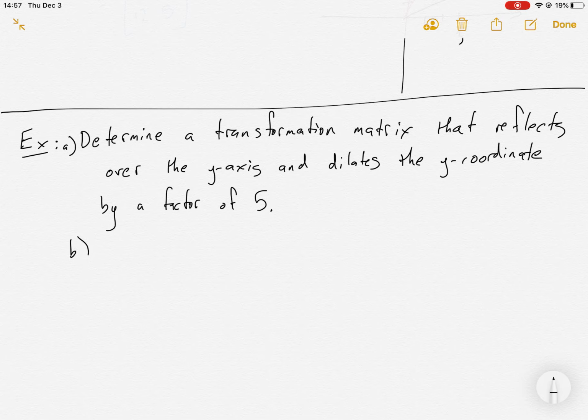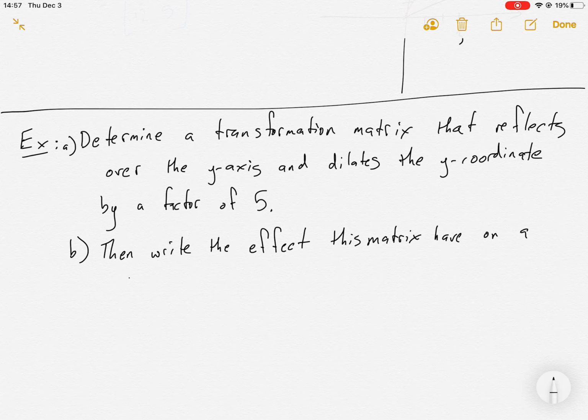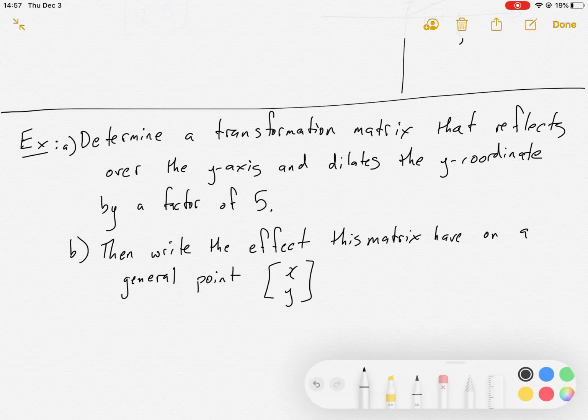So this is going to be sort of part A, and then part B is then write the effect this matrix would have on a general point x, y.